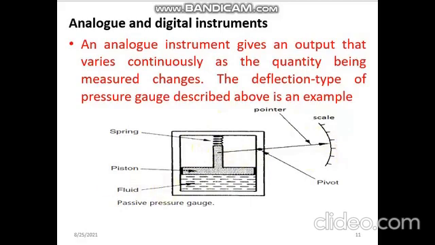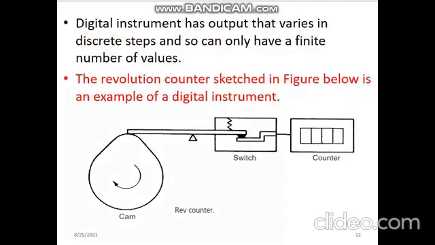Now the other one, that is the digital instrument, the outputs are in digital form, they are in discrete form, that is numbers, whole numbers. For instance, if you have a cam, and the cam, as you can see, has a big point here while the other points are level. So whenever this thing is rotating, whenever this cam comes, it will push this handle up, and by doing that, it will close this gap.